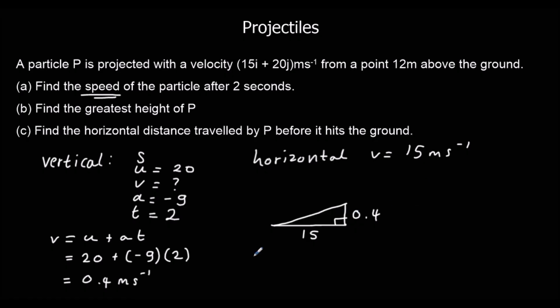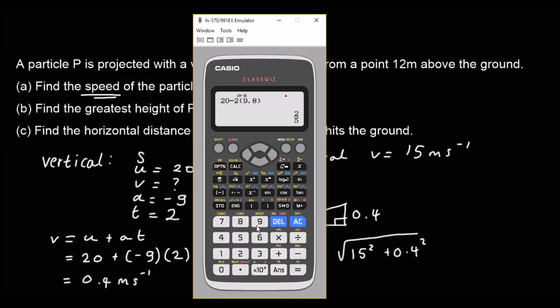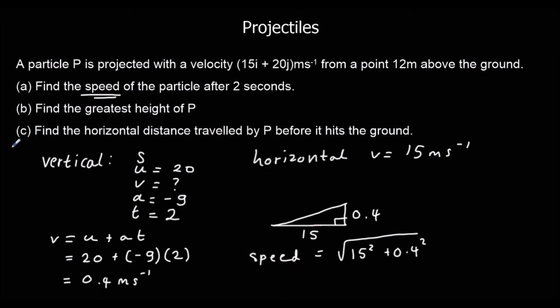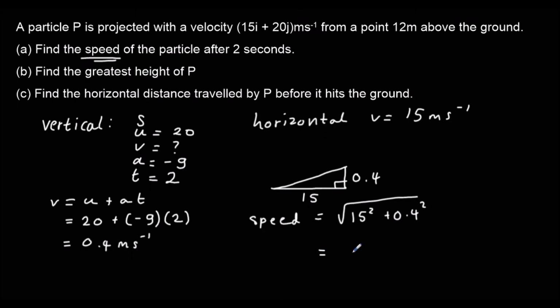So speed equals the square root of 15 squared plus 0.4 squared. And that's, well, 15. So to two significant figures, 15 meters per second.